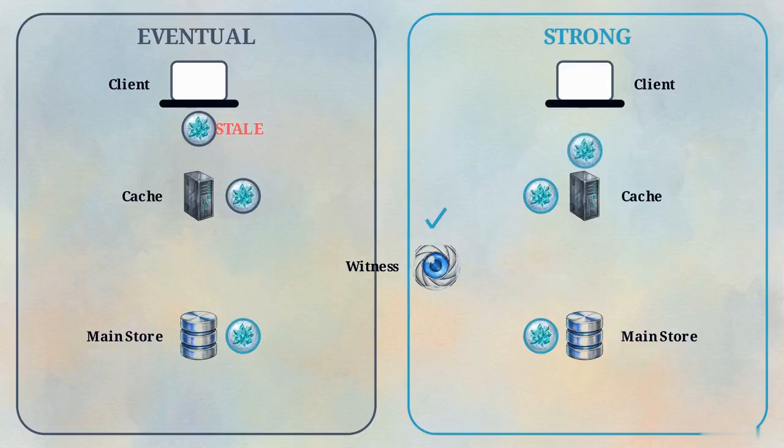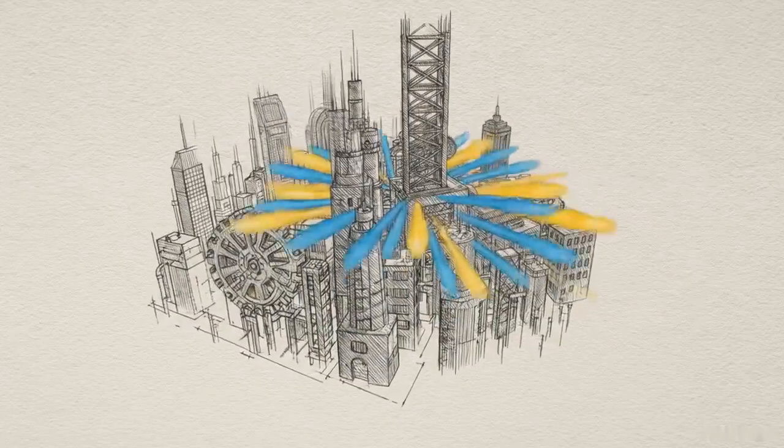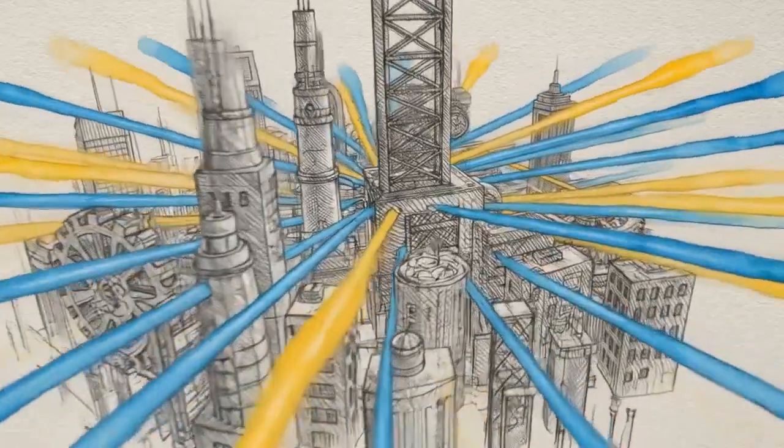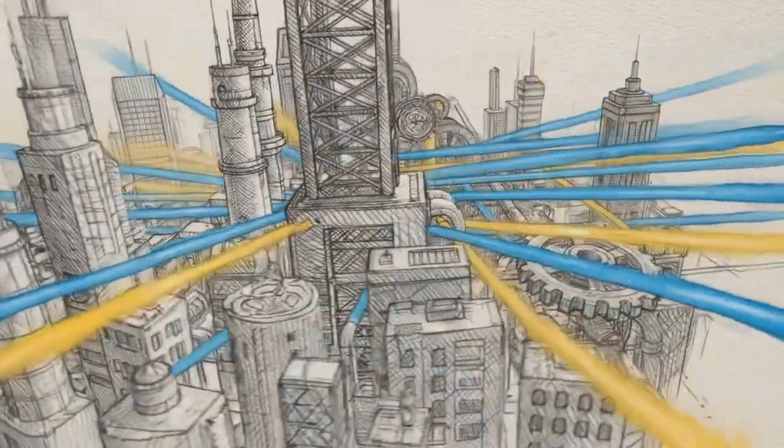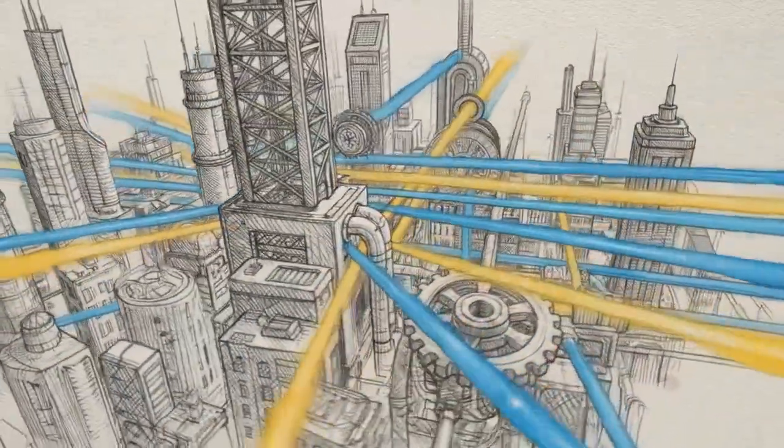The witness confirms the cache is fresh, and data is served immediately. If the witness flags the cache as stale, the system automatically bypasses the cache entirely and queries the main metadata store directly to ensure the correct version is returned. This precise choreography between the cache, the witness, and the main store bridges the fundamental gap between extreme high-speed performance and absolute data accuracy.